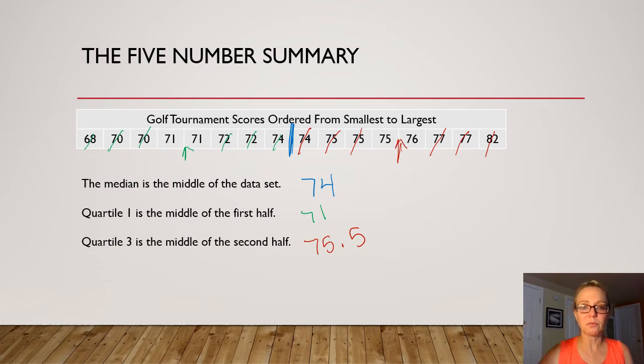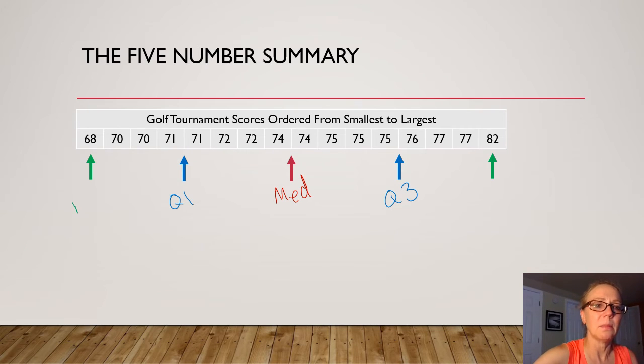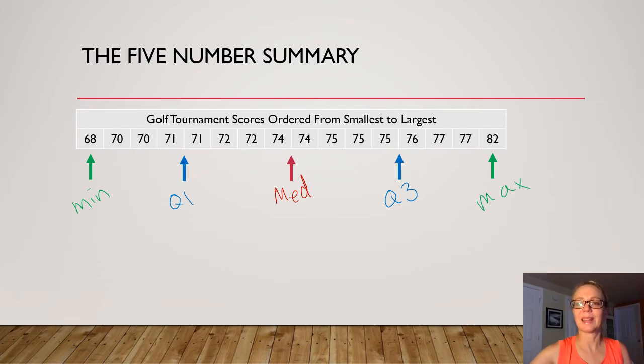Oh yeah, and don't forget that the minimum is the first number and the maximum is the last number in the 5-number summary. So here are the values we just found. We found the median, we found Q1 and Q3, and we found the minimum, and we found the maximum.